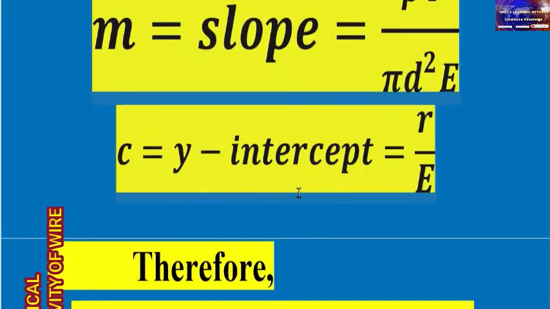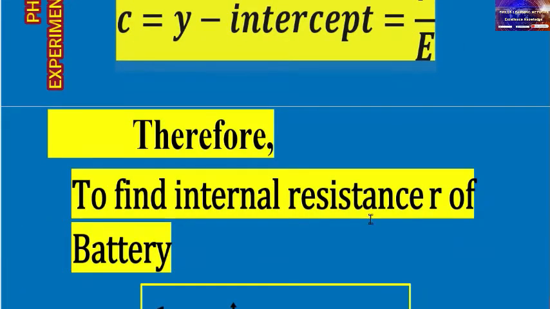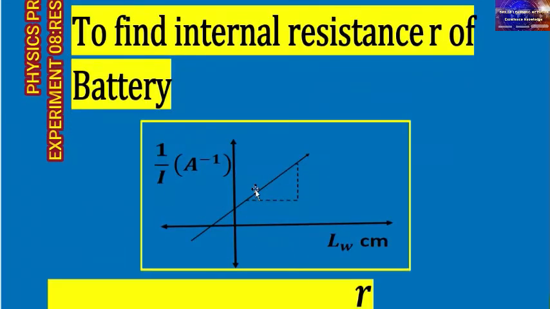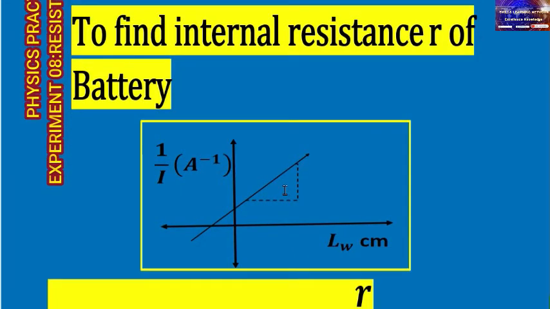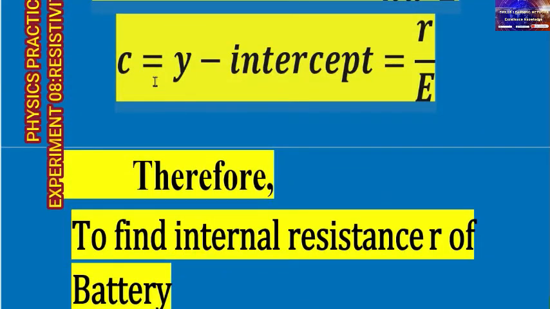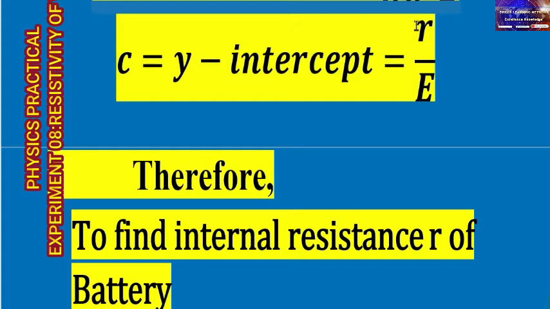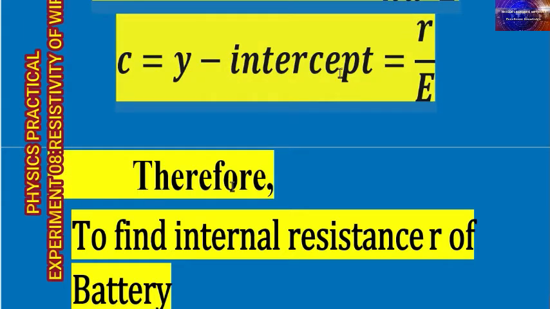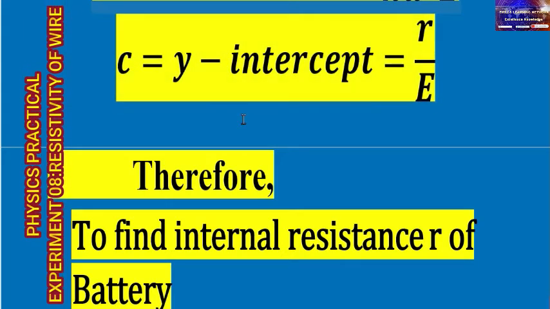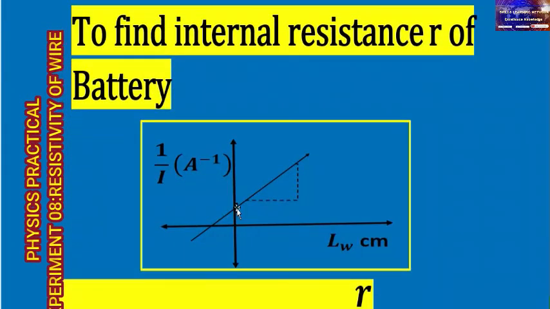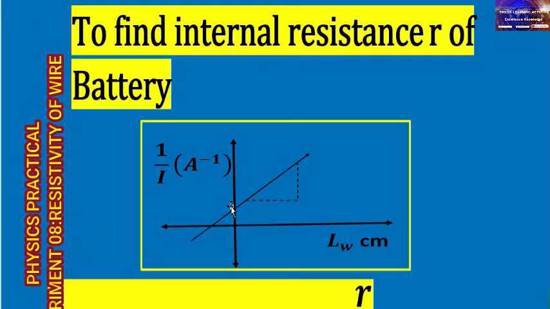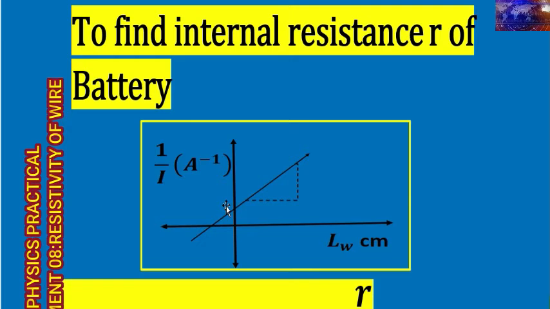Then we are required to find the internal resistance of the battery. From the nature of this graph, we have seen that internal resistance is obtained from the y-intercept, which is this one. It means in order to get the y-intercept, we are going to read the value of the intercept from the graph.